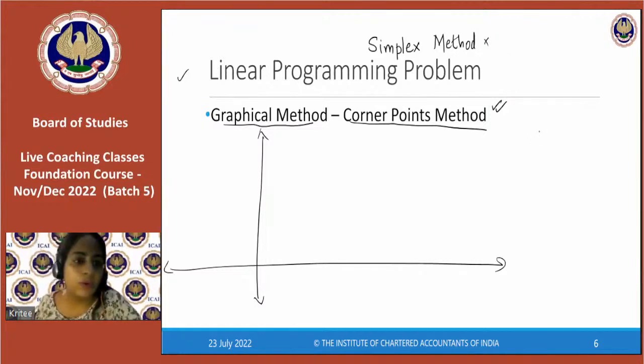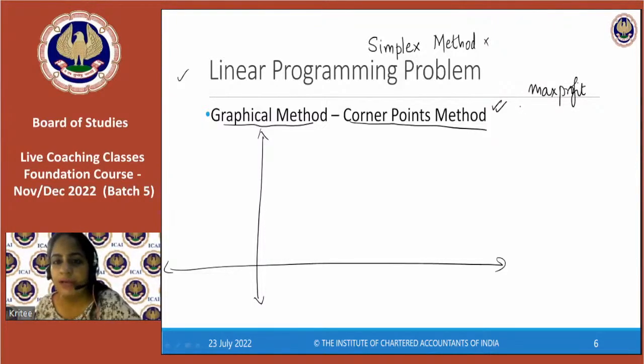Okay, very good. So under the linear programming method, the corner point method, we have something like this. You will be asked to maximize profit, or you will be asked to minimize cost. And then there will be some Z, which says like 45x plus 30y.